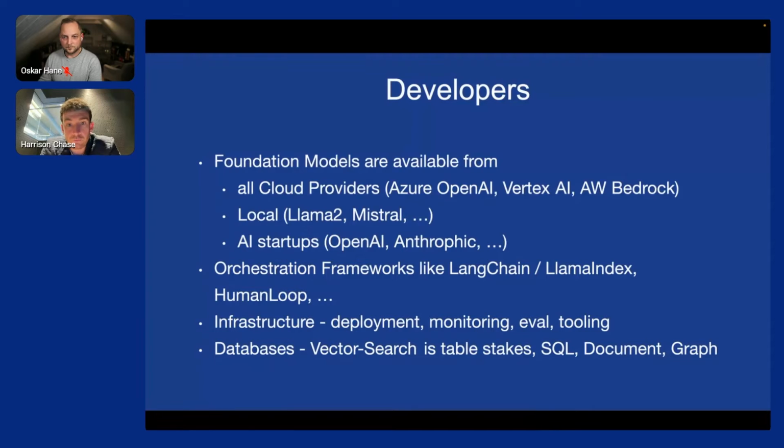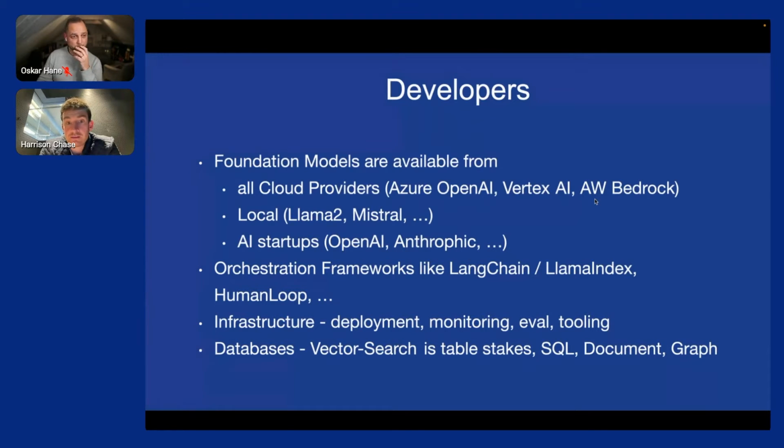Going across the stack, we see foundation models being provided by a lot of different sources. Some of them you can run locally, and we'll talk about that today. Others are available through cloud providers. There are a lot of orchestration frameworks like LangChain, Llama Index, and Human Loop to do some of this orchestration. There's LLM-specific infrastructure around deployment, monitoring, eval, and tooling, so we'll take a look at LangSmith, which is one of our offerings for that, later on.